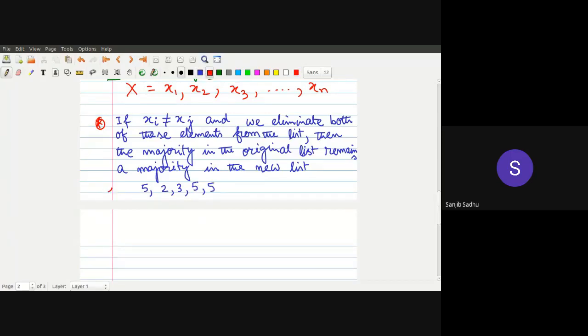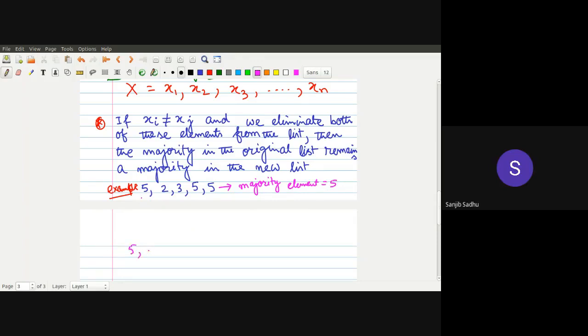Okay, this is an example. So here you see 5 and 2, are they equal? In this case, does there exist any majority element? Tell me. Yes, sir, 5.